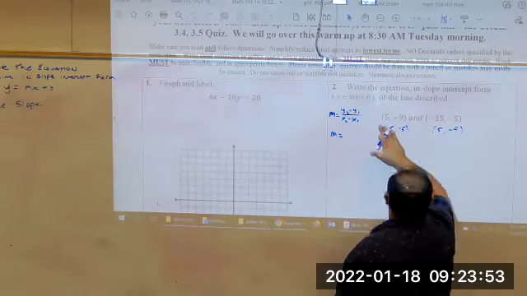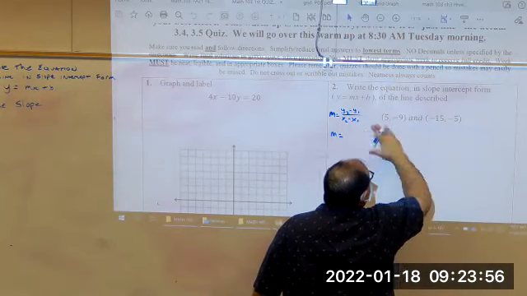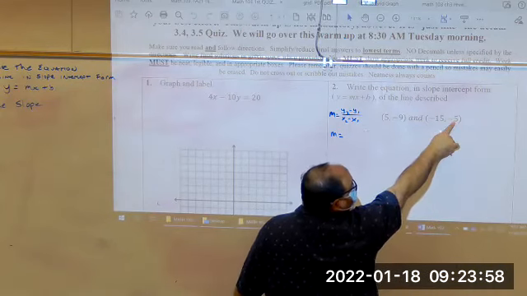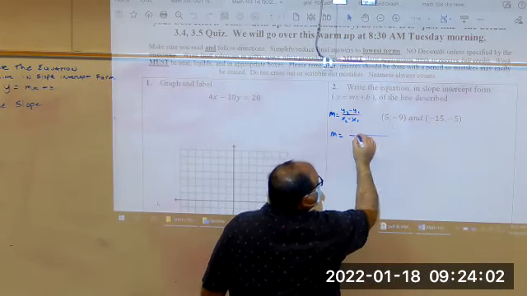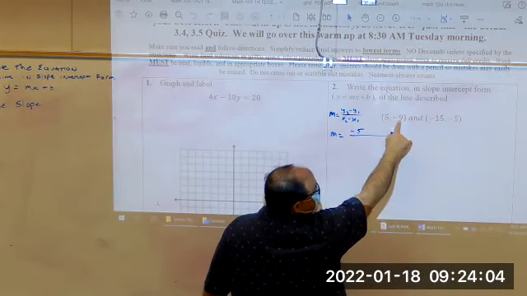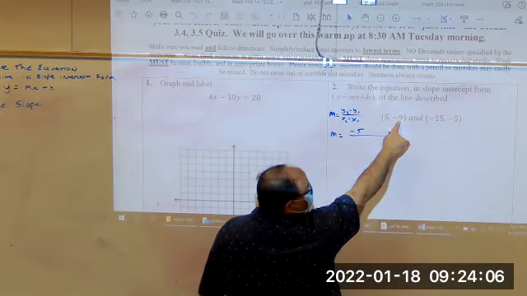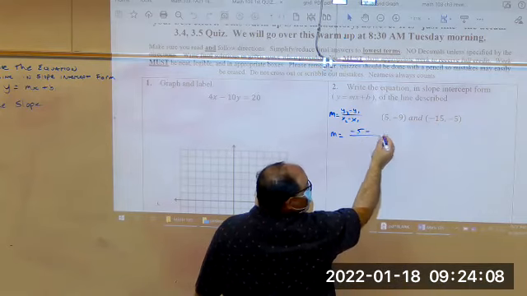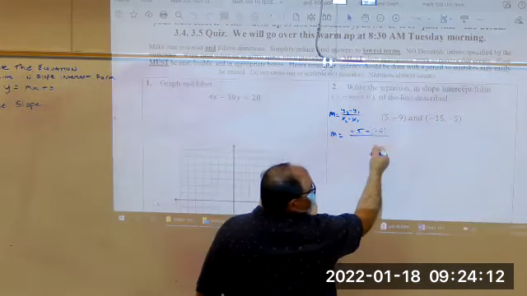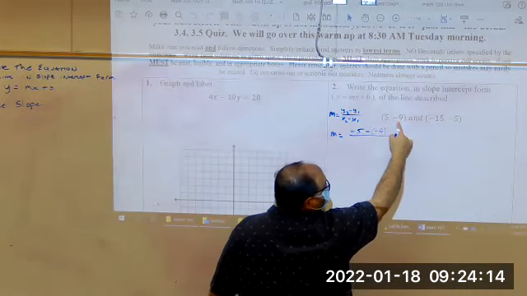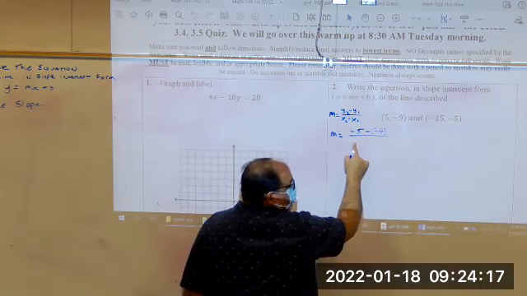What matters is this. If you choose to start with -5, that y, so -5 minus this one. Now remember, be careful with negatives. Minus parentheses, that's a -9. So this y minus that one, over.